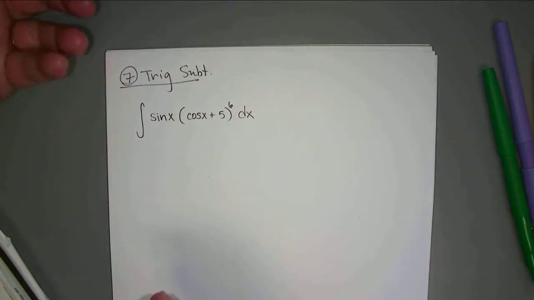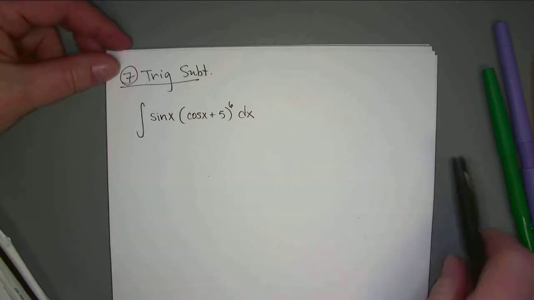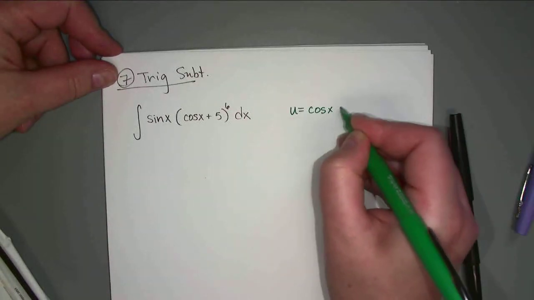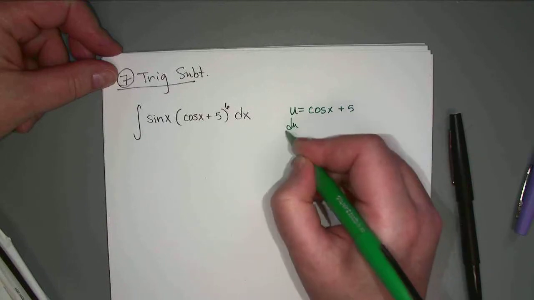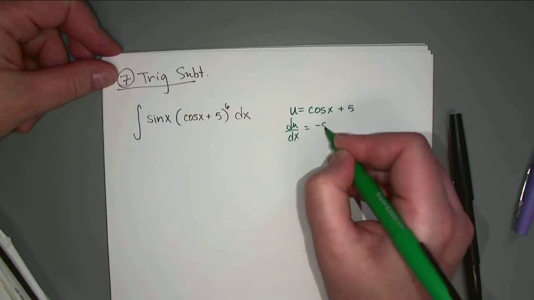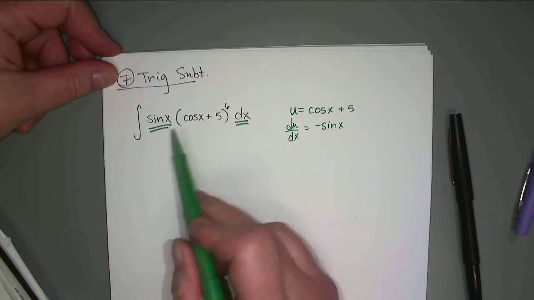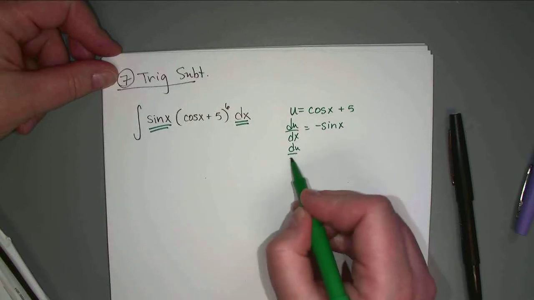This goes along with the other types as well. This is a bracket to a power, so we would call u the inside of the bracket. The derivative is minus sine, and we have that, so we want to rearrange du over minus 1.